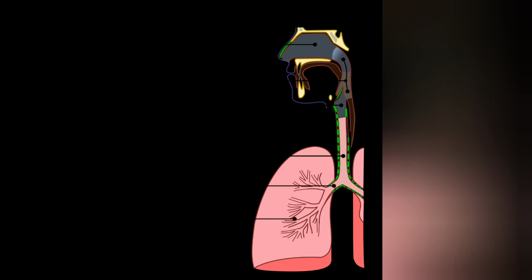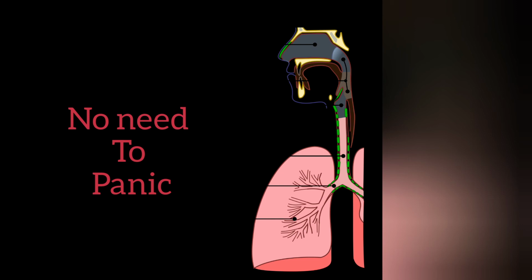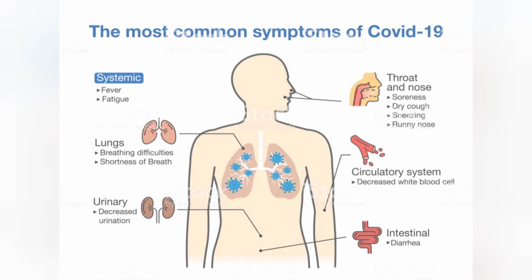Note that there is no one set of symptoms that rules out COVID-19. It's a combination usually. So you don't need to panic, but you need to look out for the red flags that show that you could have the virus.